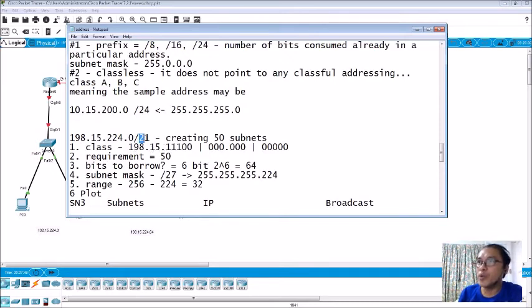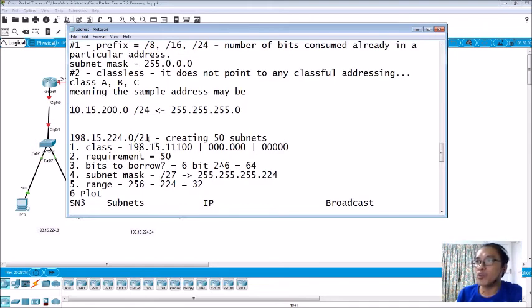So 198.15.224.0, then we will look for the /21. That means 21 bits have already been consumed in this particular address, and what's left would be our own subnets. Since 198 is /8, it is under /21, and 15 is still under /21 because the first octet and the second octet add up to 16 only.